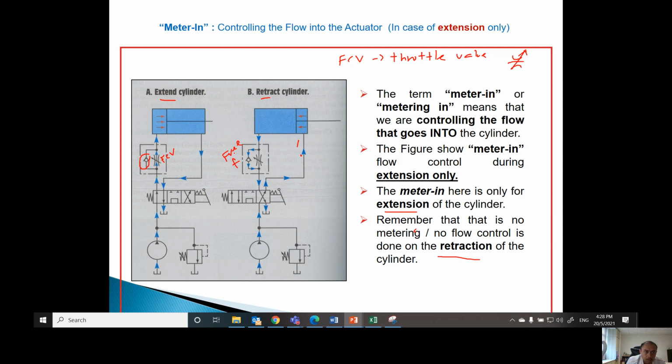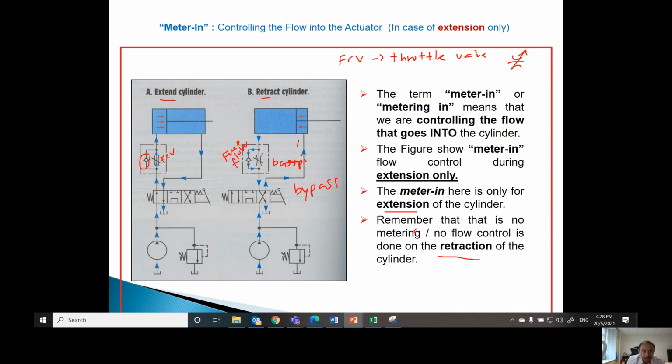So what happened? This check valve will bypass the throttle valve.